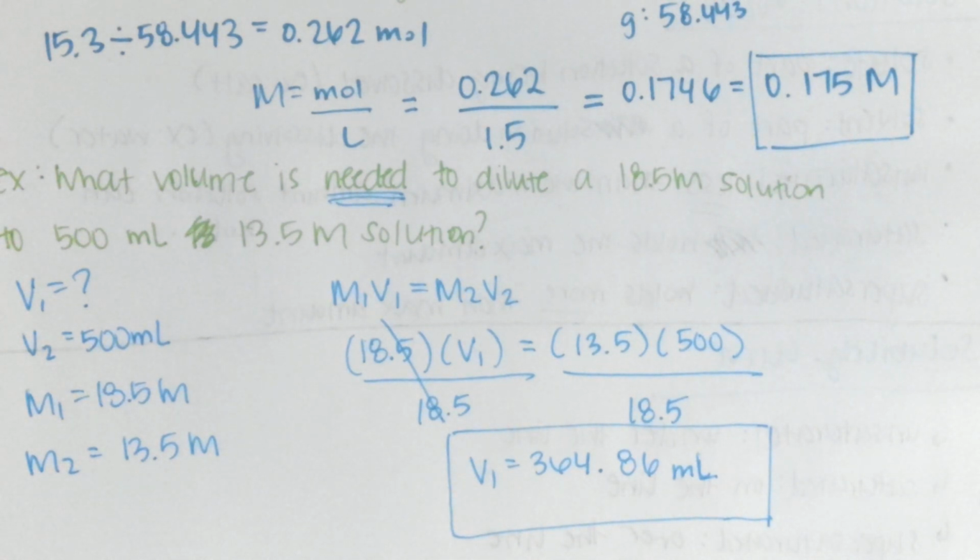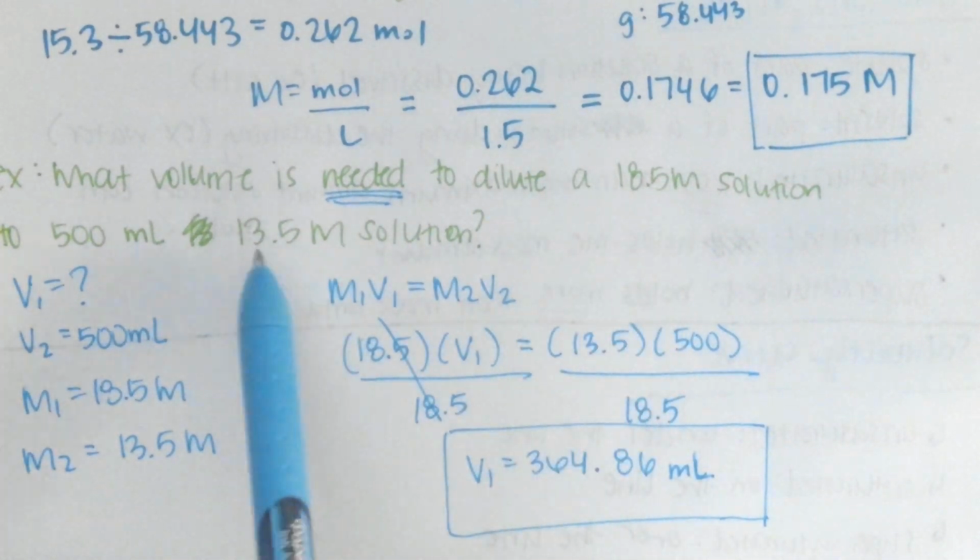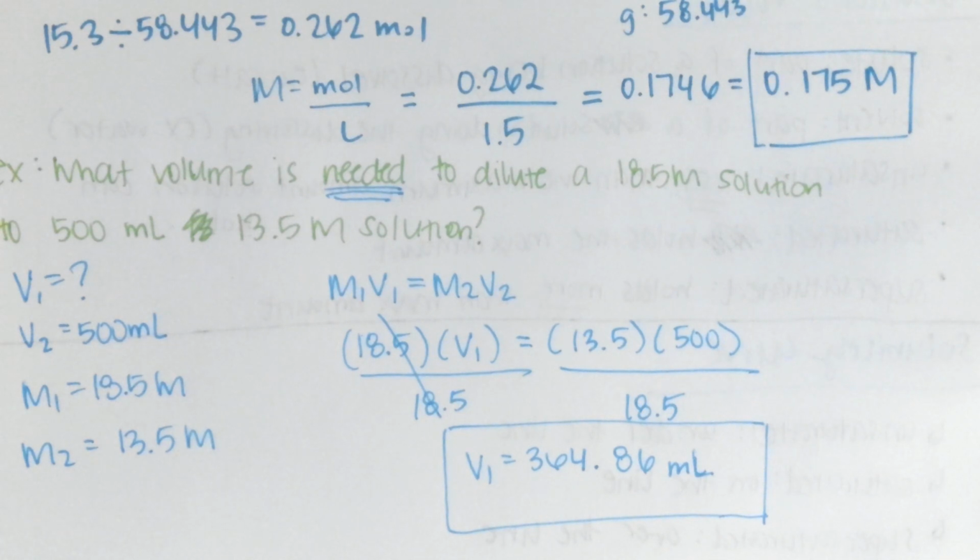So how much volume do I need to get this final concentration? That's what that means. But it could be on either side. It's about understanding the concept of dilutions, because you got to know that with dilutions you got to decrease the concentration.